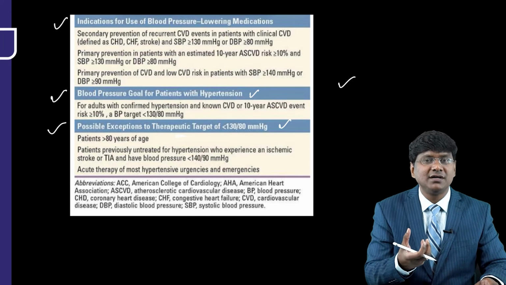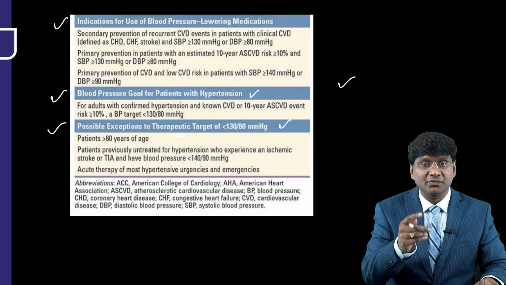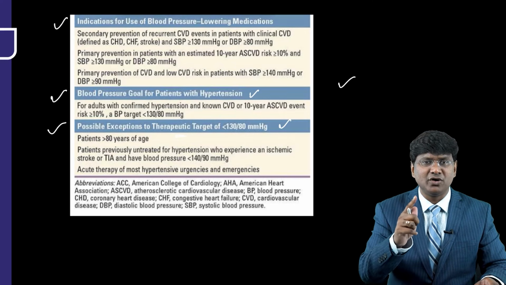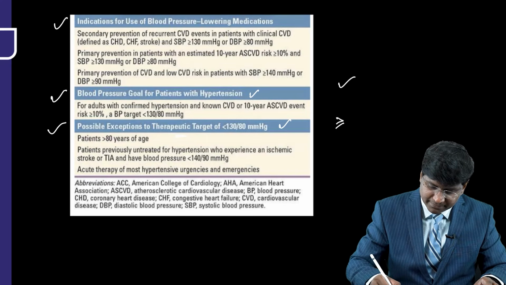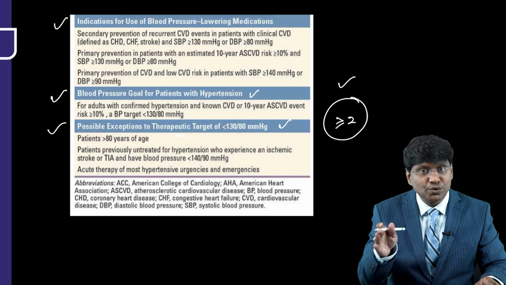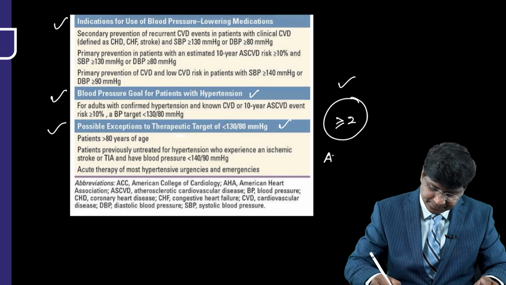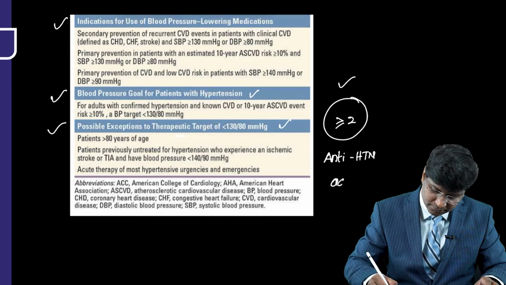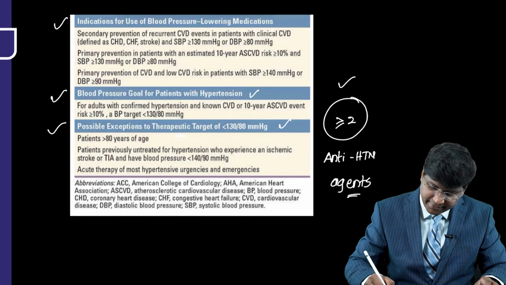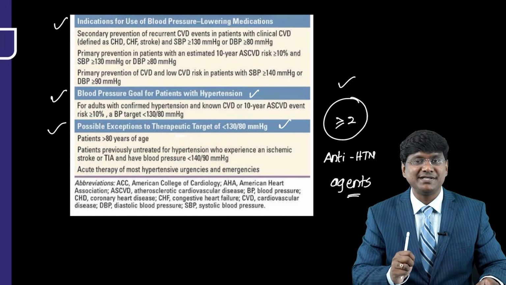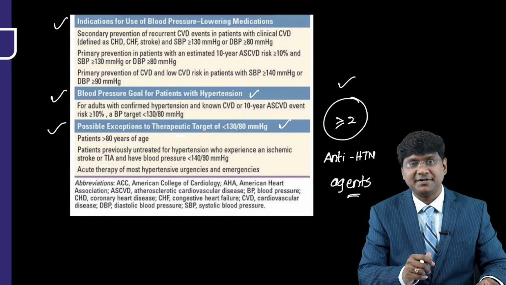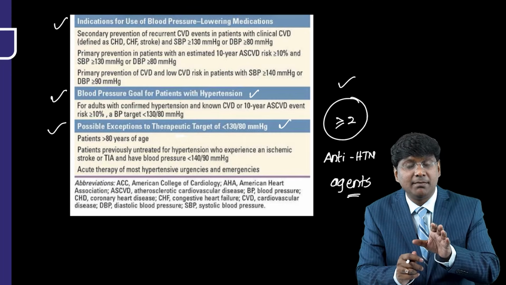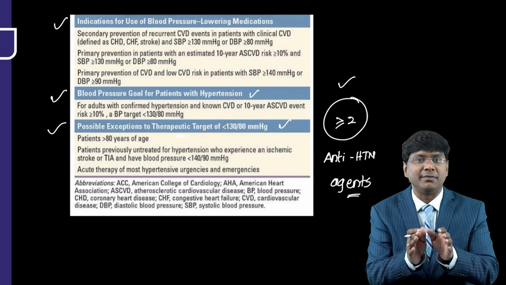Now, to achieve the goal blood pressure, it cannot be done with a single antihypertensive. You need to use a minimum of two or more antihypertensive agents in order to achieve the target blood pressure, and most of the time you need to use combinations.